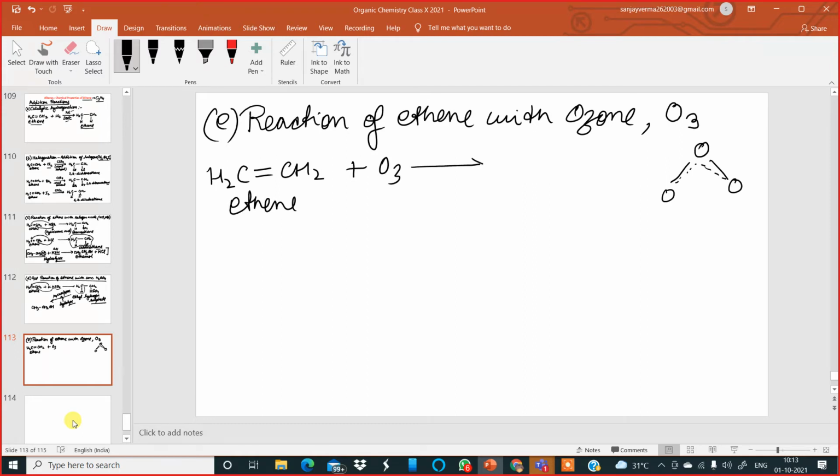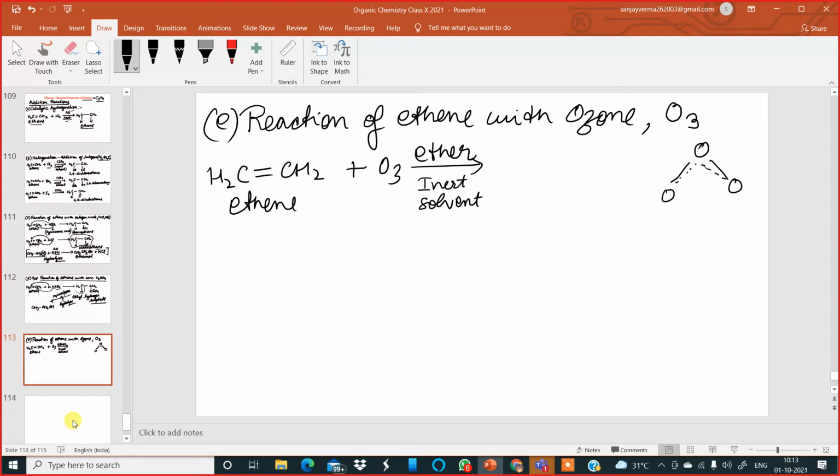The reaction must be carried out in a medium of ether, diethyl ether, an inert solvent. So, in the presence of ether, which is an inert solvent, ozone reacts with ethene.